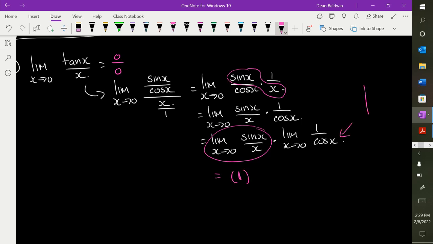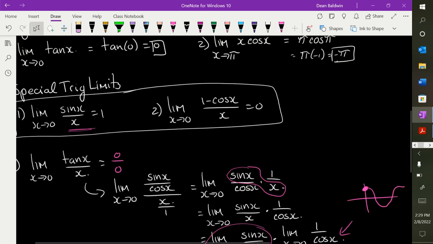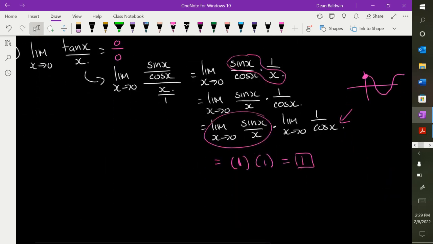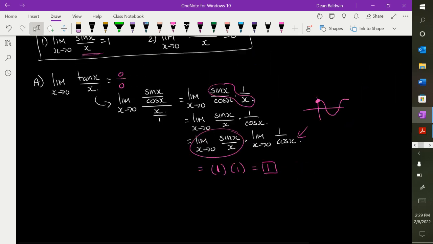This cosine, if you remember your cosine graph, or you can plug it in your calculator, cos of 0 has a value of 1. So that becomes 1. So the answer is 1 times 1, which is 1. All right, so the whole goal is to make it look like one of these two special trig ratios up here.